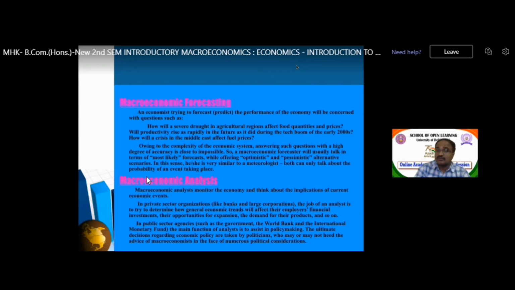But the macroeconomist sometimes does forecasting. Forecasting means predicting the performance of the economy, right? That means the economist is trying to forecast the performance of the economy, concerned with questions such as how the economy is growing during the COVID-19 crisis. Predict what the economy is during COVID-19.